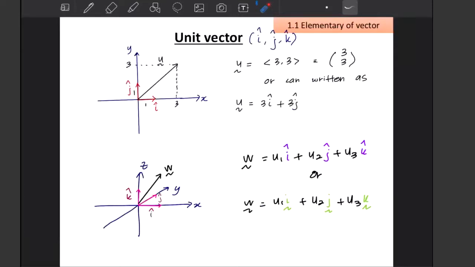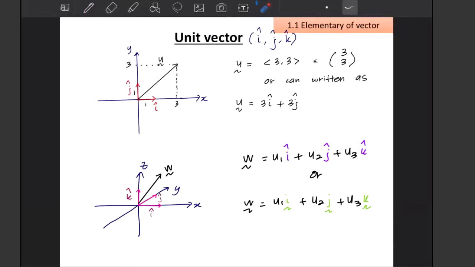When you see a vector, we always represent the vector in the form of I, J, and K. I, J, and K are unit vectors. We can write this vector in the form of I and also J. The magnitude of the unit vectors I, J, K is 1.